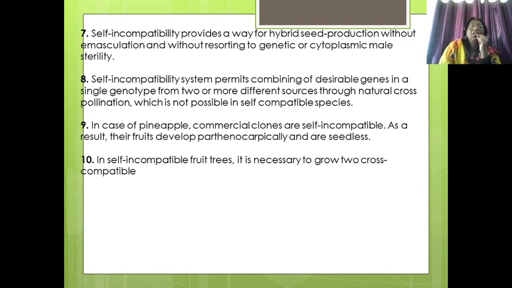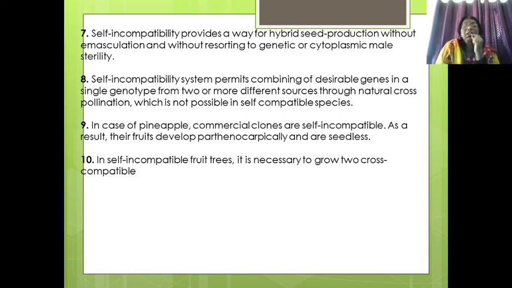The next one, self-incompatibility provides a way for hybrid seed production without emasculation and without restoring genetic or cytoplasmic male sterility. These are self-sterility as well as genetic and cytoplasmic male sterility. This is a point we will study in plant breeding technique.